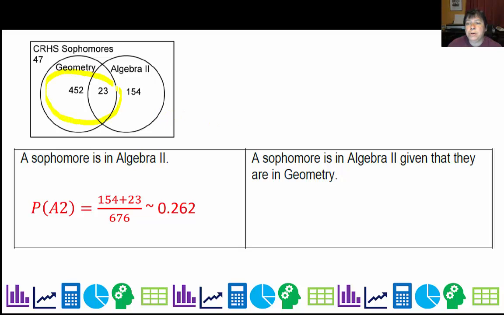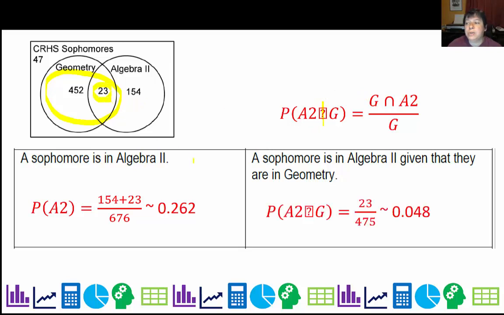Remember, all these people are in geometry. So that's going to be the number underneath. That should be a vertical bar there. And how many of those people are in geometry and algebra 2? That's that little piece right there. So it's 23 out of 475, or 0.048.